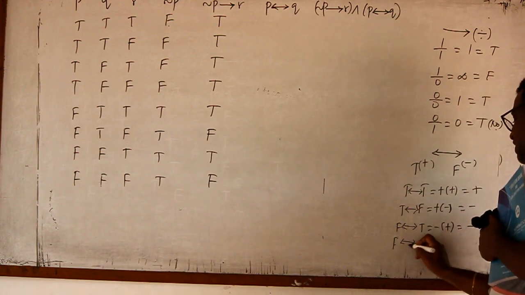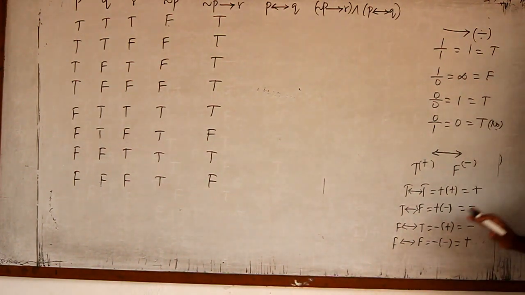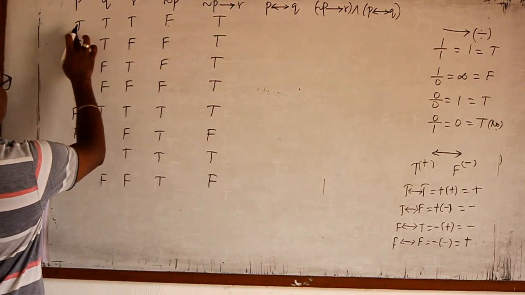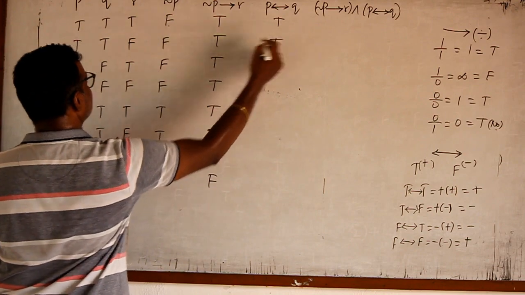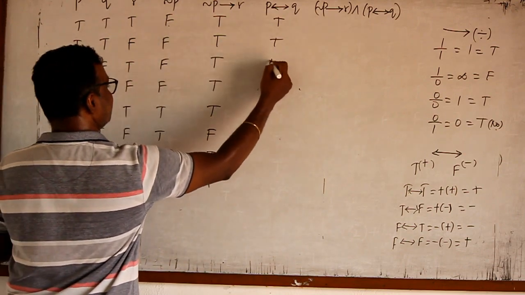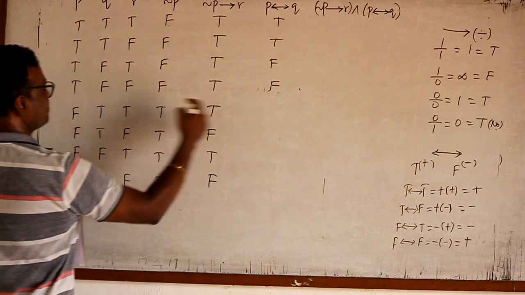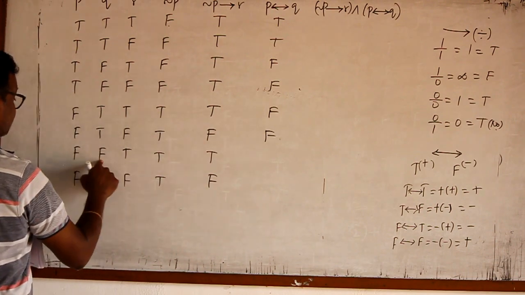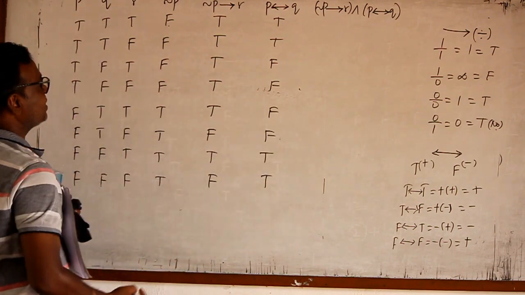False if and only if false, minus into minus, it is plus. Same, just if and only if. So, straightly, plus into plus, plus; plus into minus, minus; minus into plus, minus; minus into minus, plus.